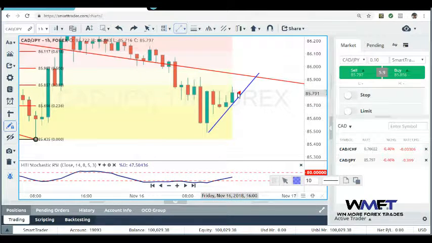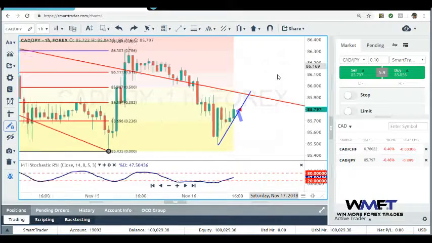So the market will break the trend line. Once the market breaks the trend line and closes bearish below this trend line, then we will sell the market. Once the market closes with a bearish candlestick at the break of this counter trend line, we will sell the market.